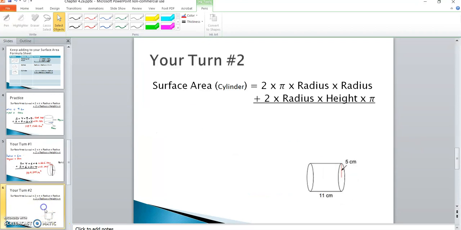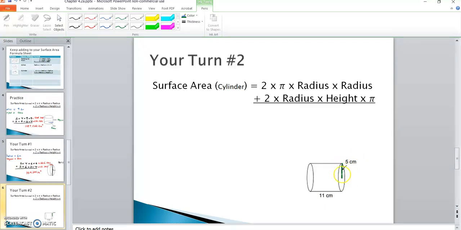Alright, so let's just do one more here. Now I want you to notice again that the cylinder is flipped onto its side. So you have to be very careful when you're labeling the radius and the height. So we'll label it together. We first have to check the radius, which is on the circle.